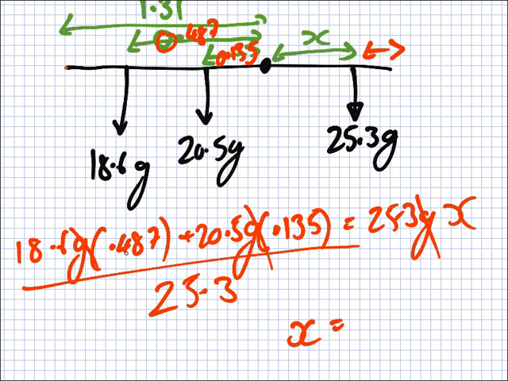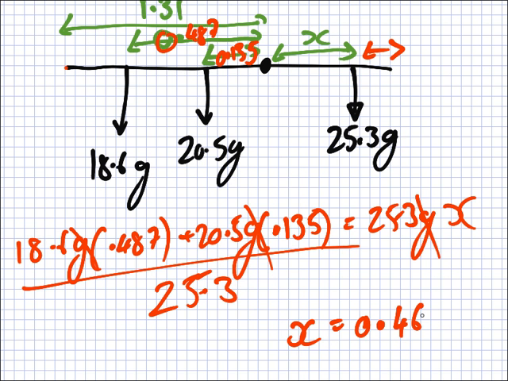So what do we get for X here? 18.6 times 0.487 plus 20.5 times 0.135 all over 25.3. What do we get for X? 0.467, is it?